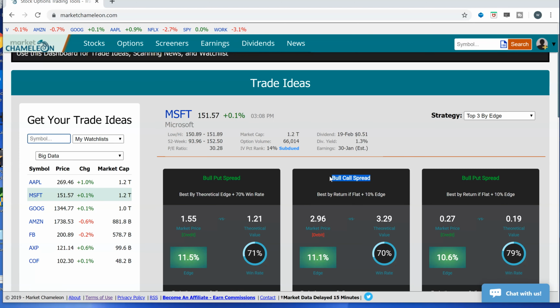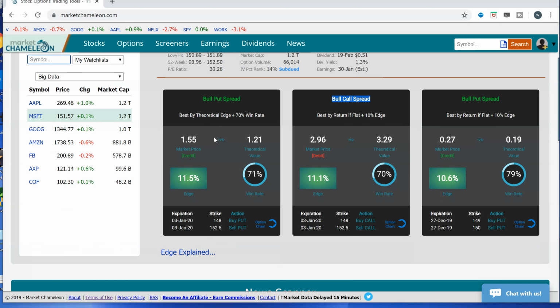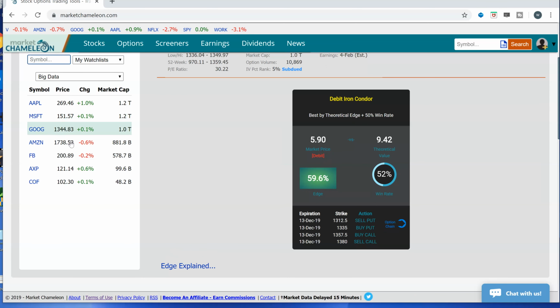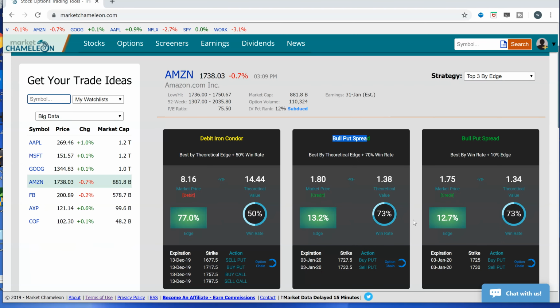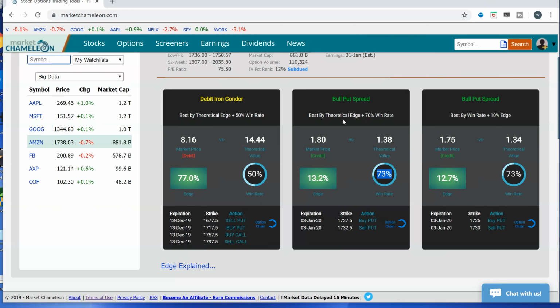Microsoft, here's some bullish ideas, bullish vertical spreads, Google, Amazon. This way, I see what's popping up right now that might be interesting based on where the market price is, what we think the theoretical value is, the potential edge in this trade, and the win rate. And this way I could just decide if I want to do something or if I want to just go and explore this trade further.